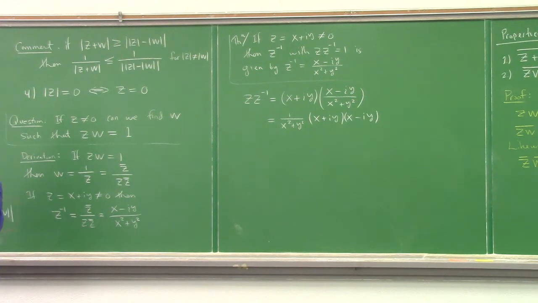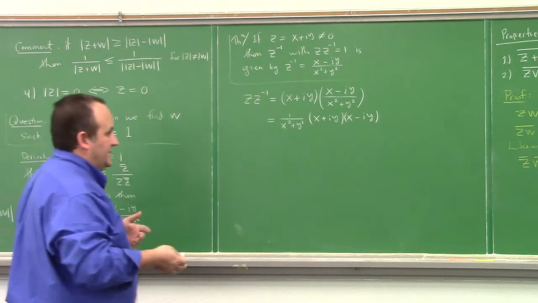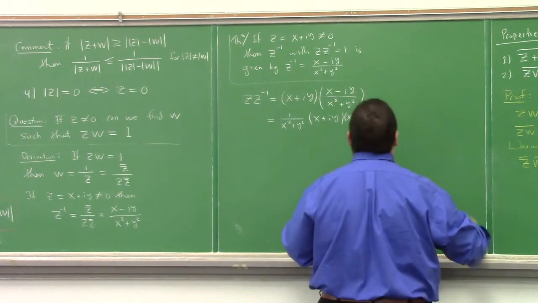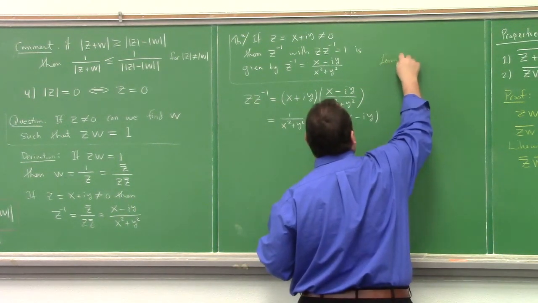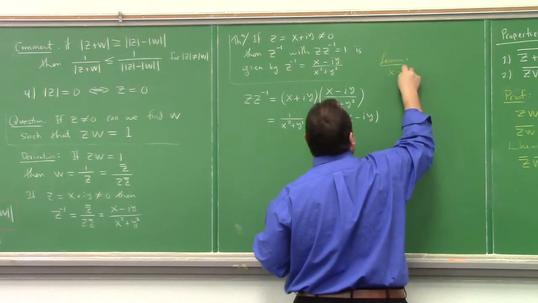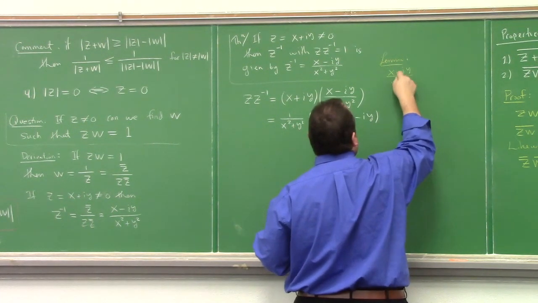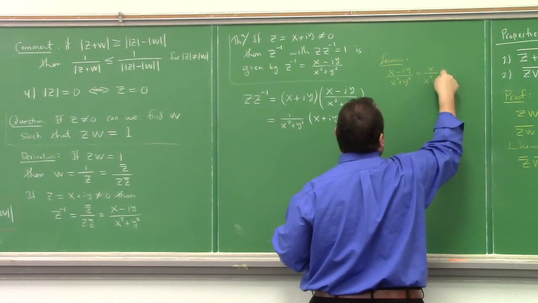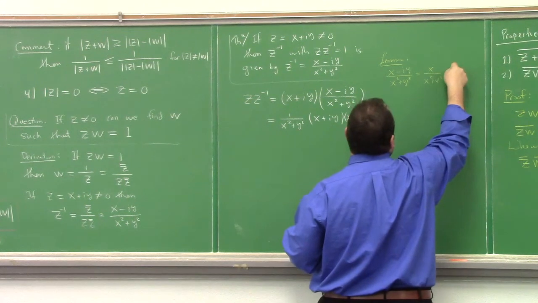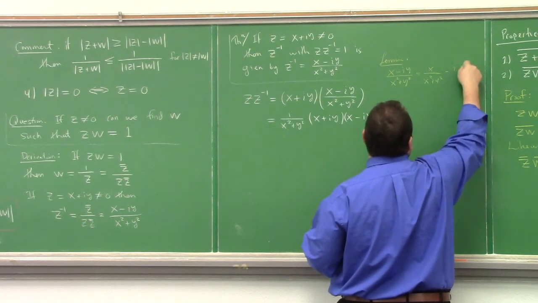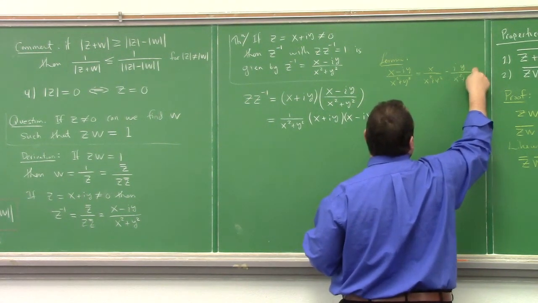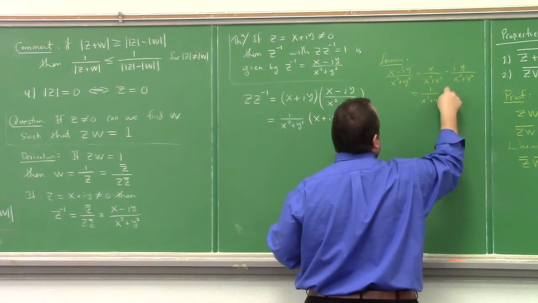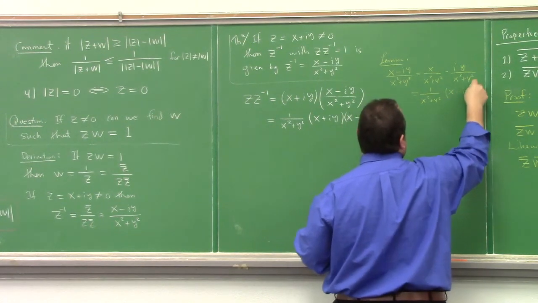Here I used, technically, a lemma: x minus iy over x squared plus y squared is x over x squared plus y squared minus iy over x squared plus y squared, which is 1 over x squared plus y squared times x minus iy.